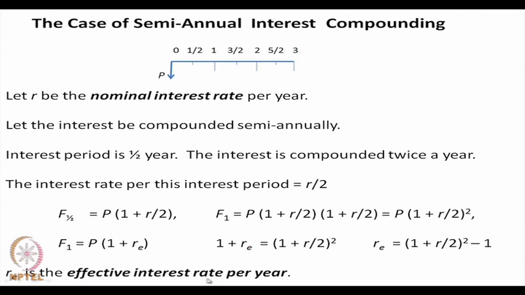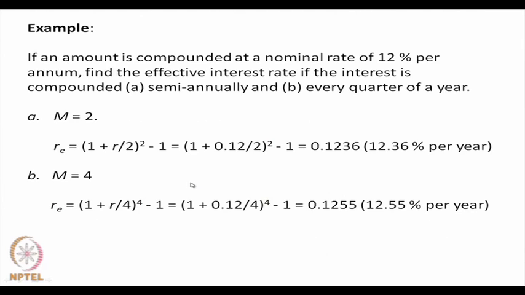The effective interest rate per year is higher than R, and we can show it with an example such as this here. Let us say that an amount is compounded at a nominal interest rate of 12% per annum.